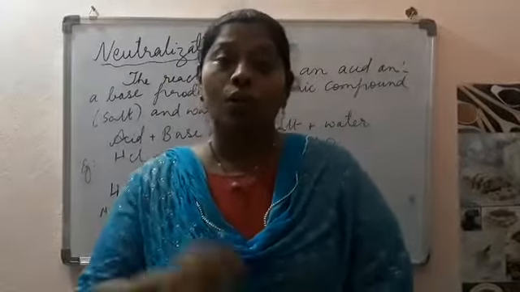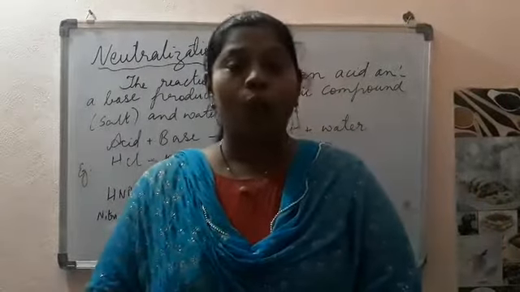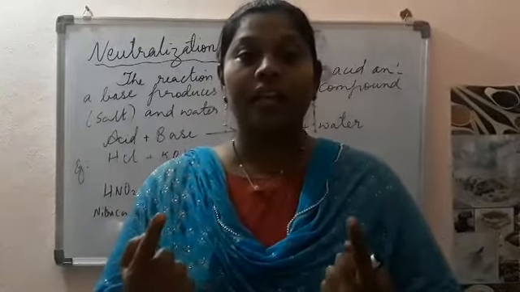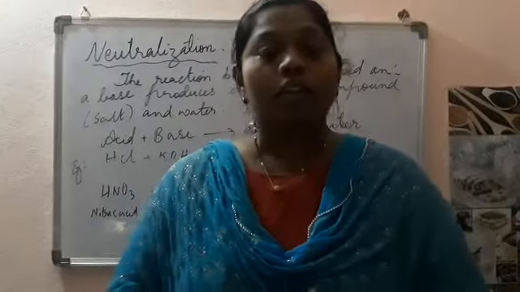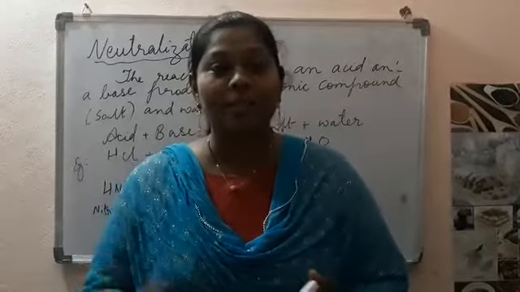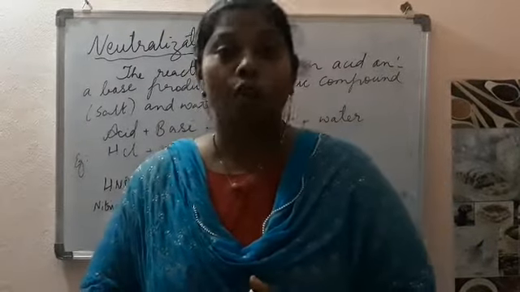Up to now we were only discussing about acids or bases. But now what happens if an acid is reacted with a base? What is the byproduct? The product which we get from the reaction of acids and bases is nothing but a salt, and also we are getting water as another product.